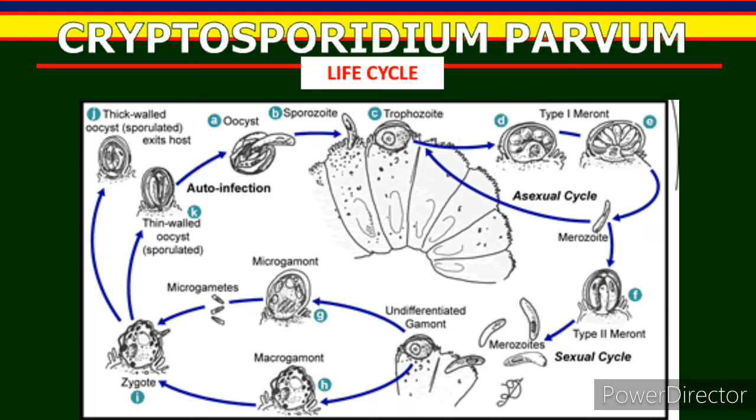Upon fertilization of the macrogametes by the microgametes, oocysts develop that sporulate in the infected host. Two different types of oocysts are produced: the thick-walled oocyst, commonly excreted from the host, and the thin-walled oocyst, which is primarily involved in auto-infection. Oocysts are infective upon excretion, thus permitting direct and immediate fecal-oral transmission.